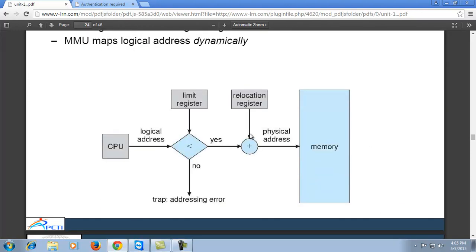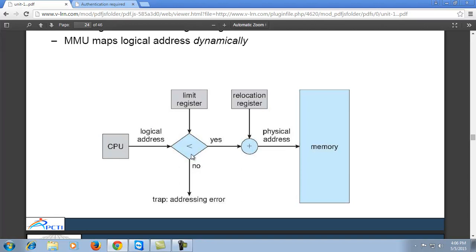This diagram represents the way of allocating logical address space and how it is matched with the physical address and the relocation register, and what the actual physical address is inside the memory. The CPU generates the logical address and it is compared with the limit register.